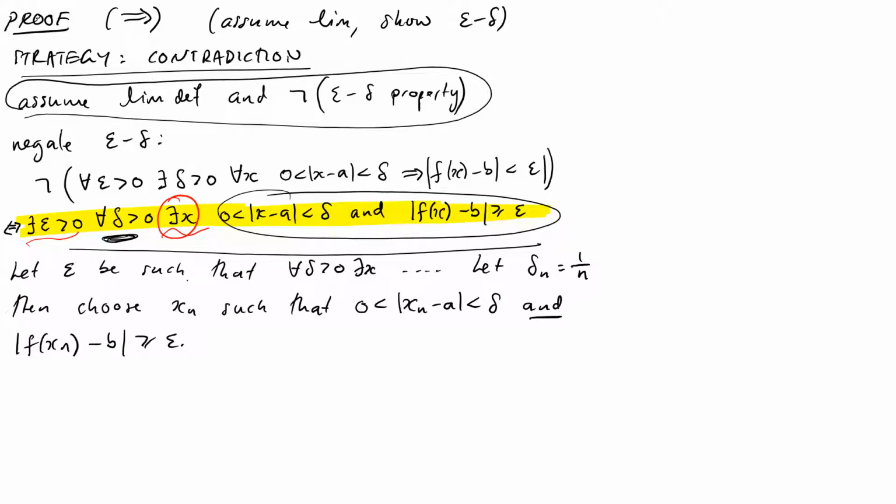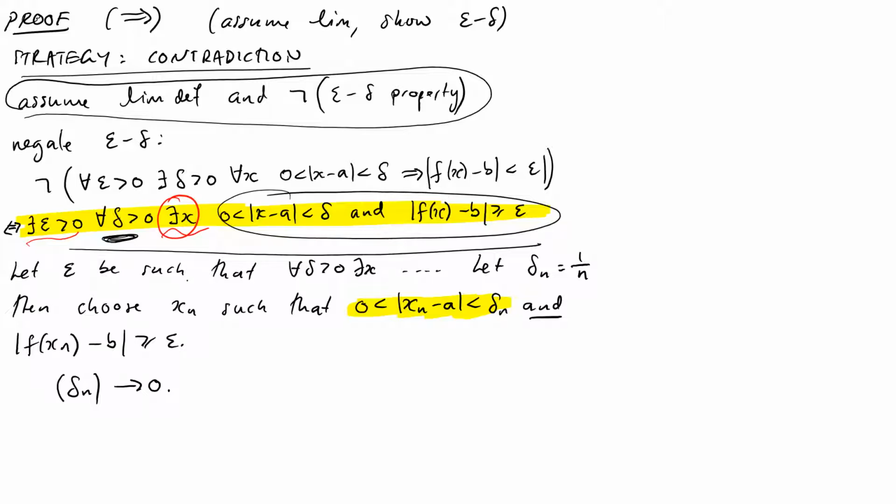Right, so let's look at the sequence of delta n's first. First off, we know that the sequence 1 over n converges to 0. And then it follows here, if we look at this statement here, if delta n is converging to 0, then the corresponding xn has got to be converging to 0 as well, or to a, sorry.